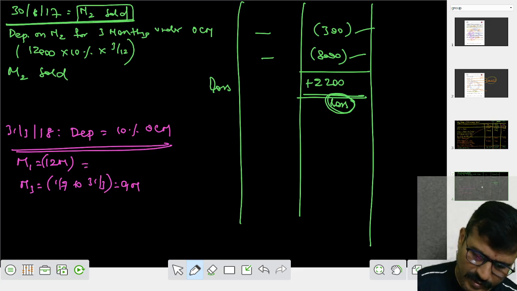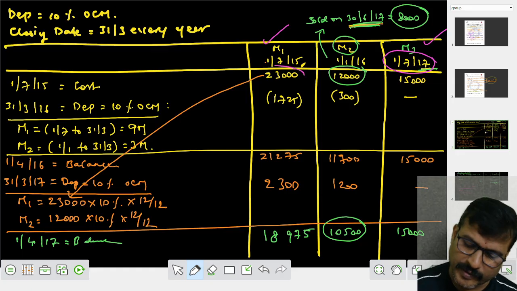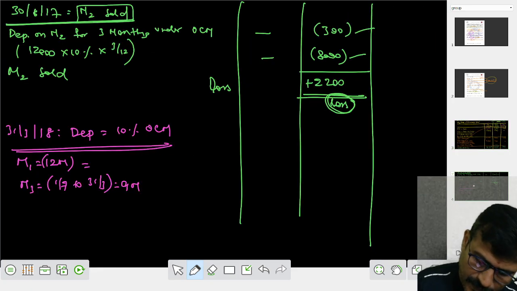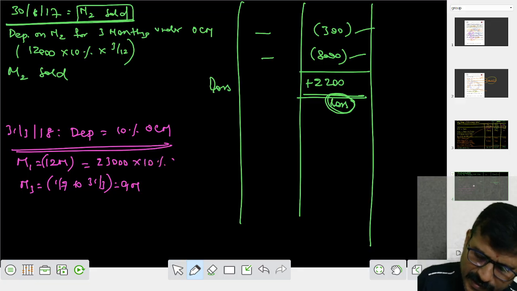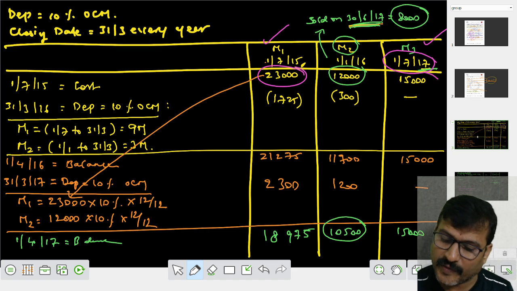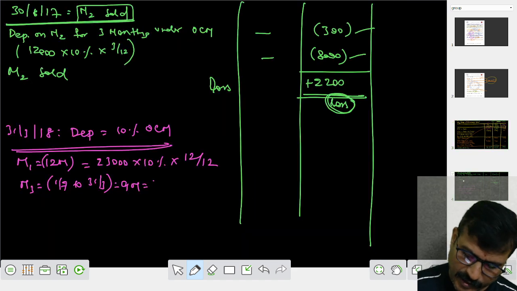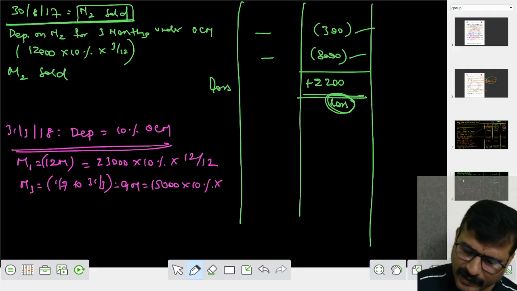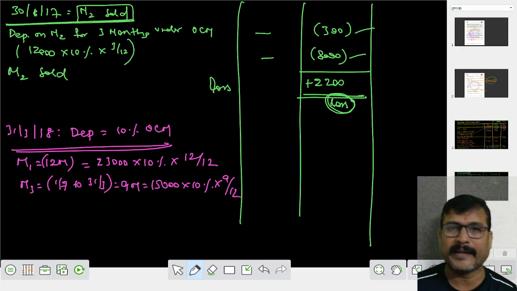How to work out? The original cost of the first machine is 23,000 into 10% into 12 by 12 for 12 months. For the M3 machine, M3 machine is purchased for how much? 15,000 as the original cost. 10%. How many months? 9 months as 9 by 12.